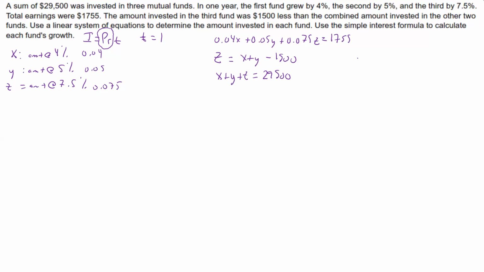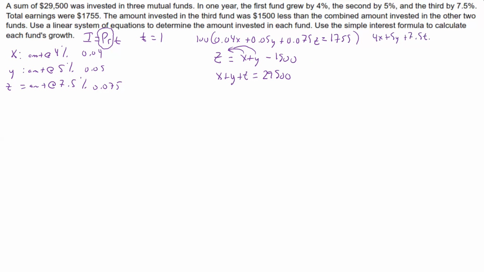The only thing we really need to do is get rid of decimals here. So let's multiply the first one by 100, and take the x and the y over, and that'll give us equations we can work with. That's going to give us 4x plus 5y plus 7.5z.